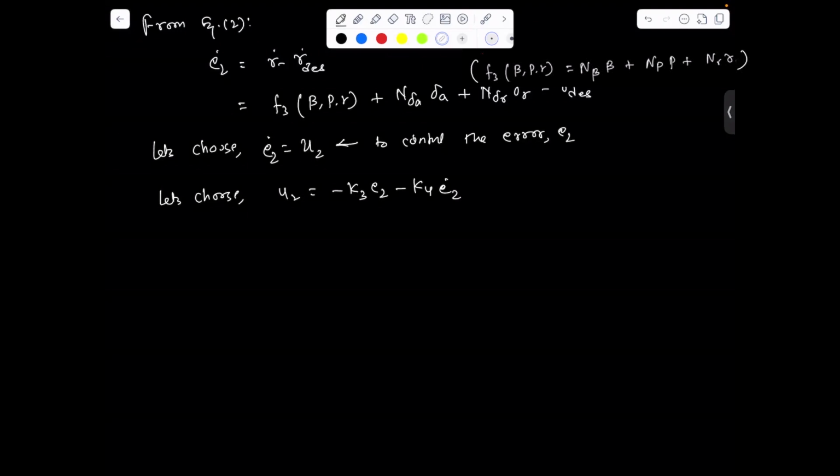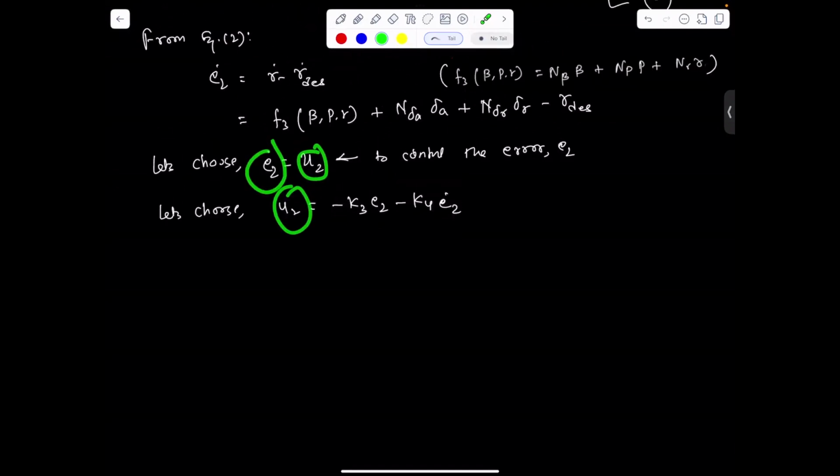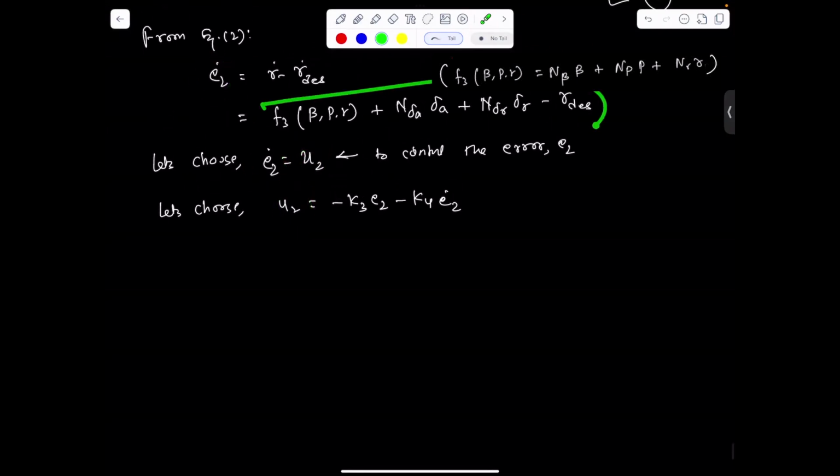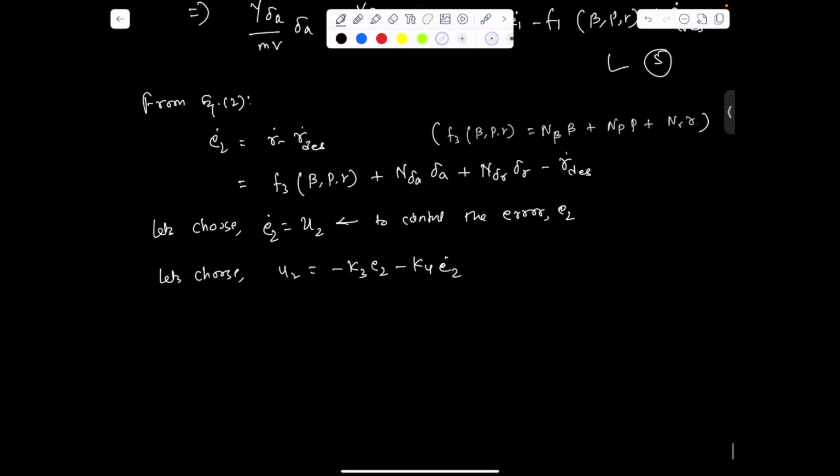Simple PD control. Now we'll substitute this U2 here, and we can come up with a relation. So let us define this equation 6, and this is 7.